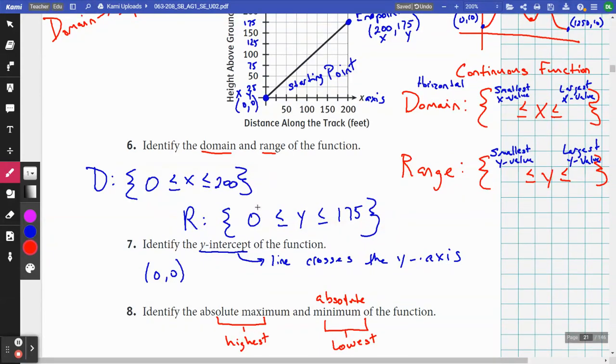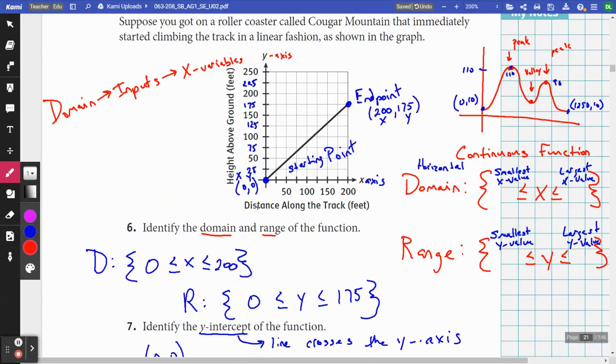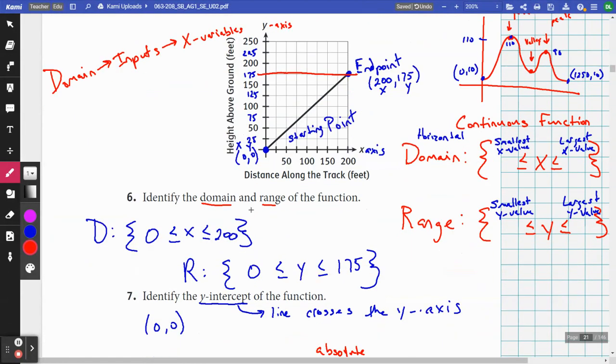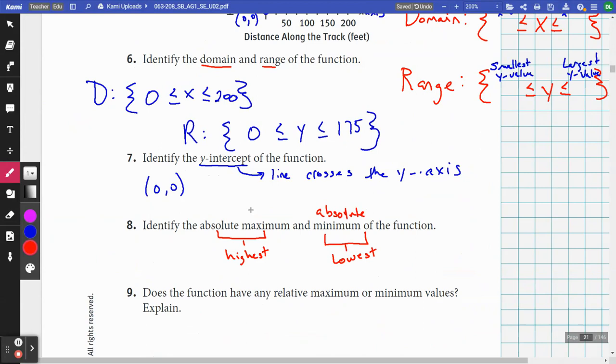How high does it go? The highest it goes is here at 175, right? That's the highest. So the absolute maximum is 175.